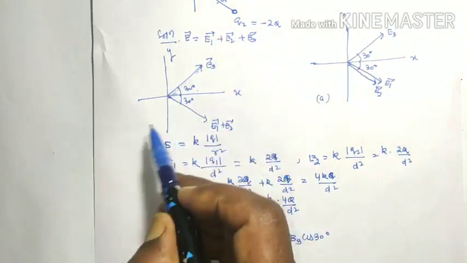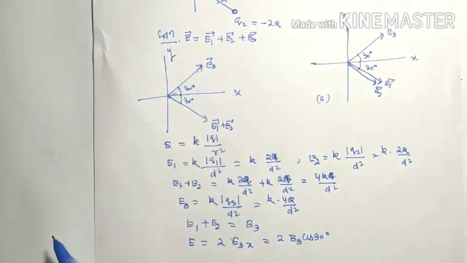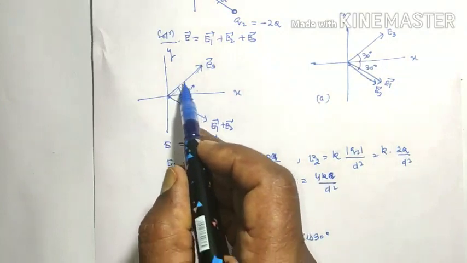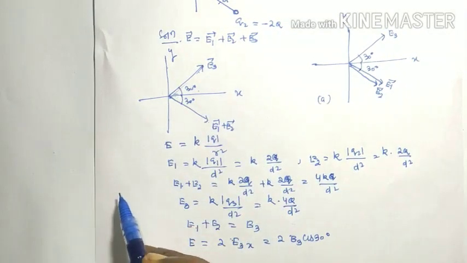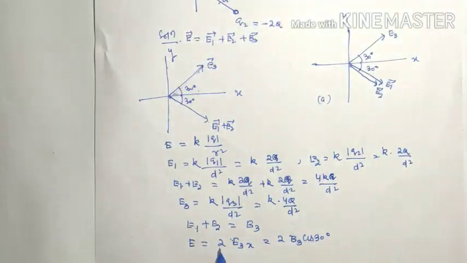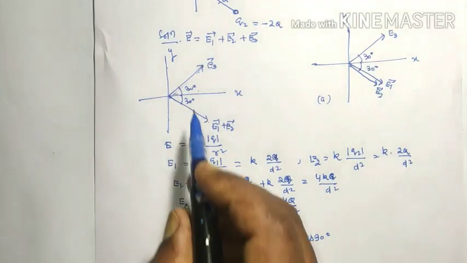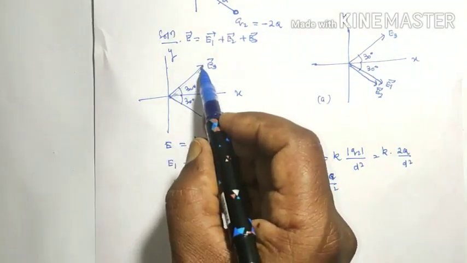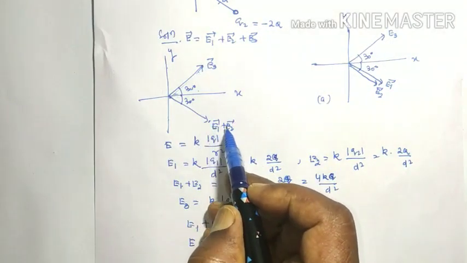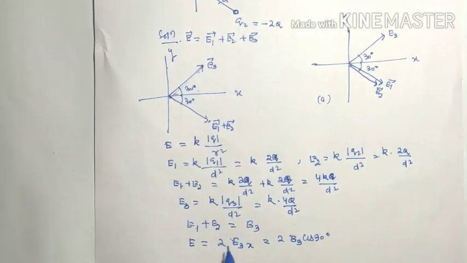So the y components are equal and opposite, and they cancel each other. Only the x components remain, and they are in the same direction. That is why we take the x component of E3 plus that of E1 plus E2, and since their magnitudes are equal, we take 2.